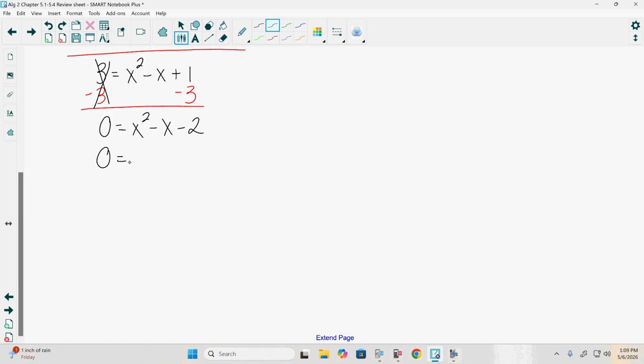Here, and all the ones on the test are going to be factorable. You are going to be able to factor it. So the first thing I would be doing is looking for a greatest common factor between these three terms. There's not one. So I'd move to 2 sets of parentheses with 3 spaces. Since the third term is negative, our signs are opposite. Factors of x squared are x and x. Only factors of 2 are 1 and 2.